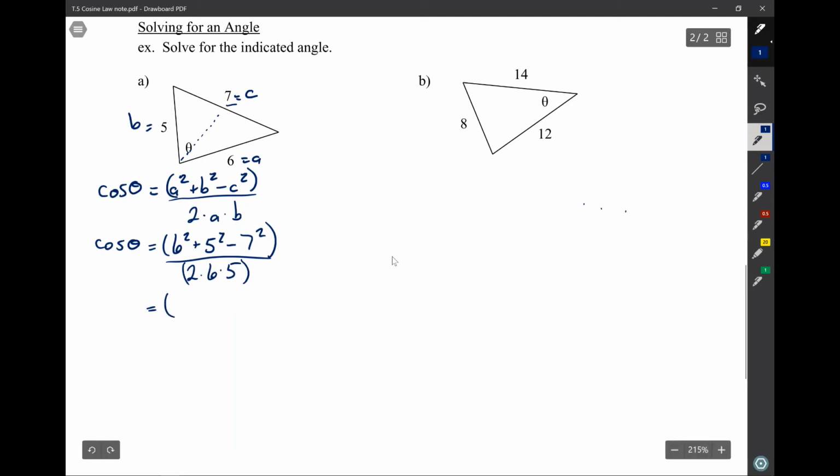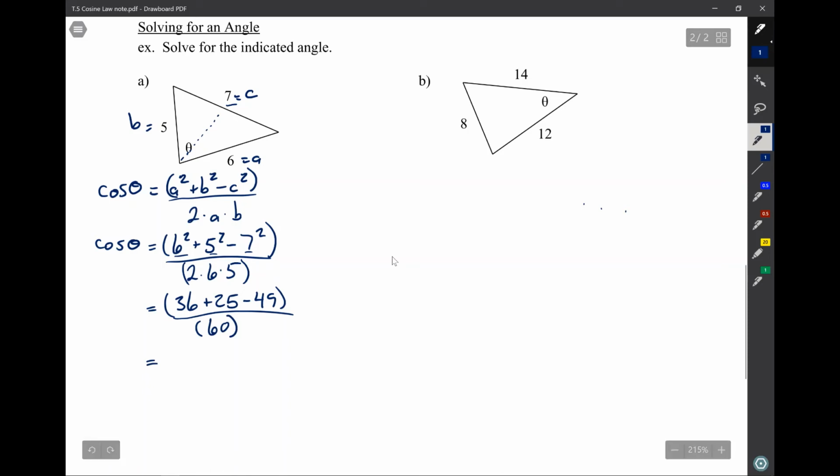And we'll simplify this. So 6 squared into my calculator is 36, plus 5 squared, which is 25, minus 7 squared, don't forget this minus sign, is 49, all divided by 2 times 6 times 5, and that's 60, if I use a calculator.